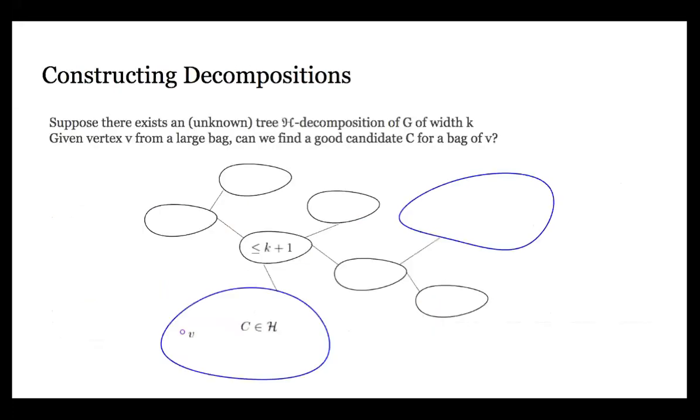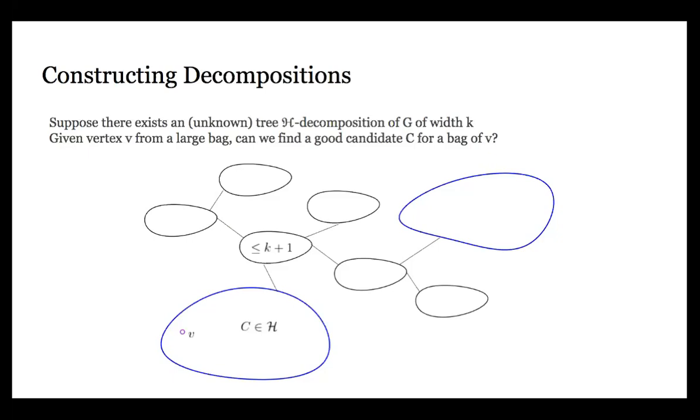So now let me shortly describe how to find these graph decompositions, focusing on a tree-H decomposition. This will be a high-level outline. Suppose that the graph has bounded H-treewidth, so it admits some unknown tree-H decomposition of width k.